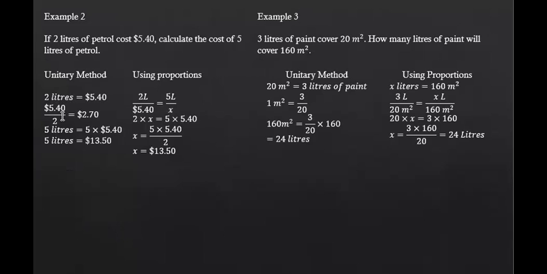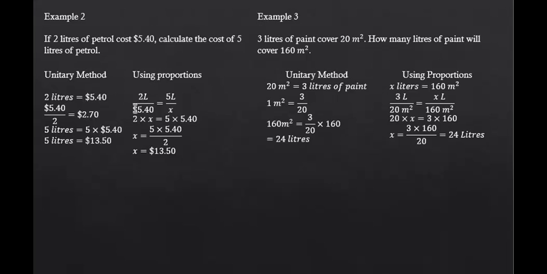So $5.40 over 2 is equal to $2.70. So you want to find how much is 1 unit, and this is using rates. So 1 unit is $2.70. So we want to calculate the cost of 5 liters. So 5 multiplied by $2.70. So 5 liters is $13.50.